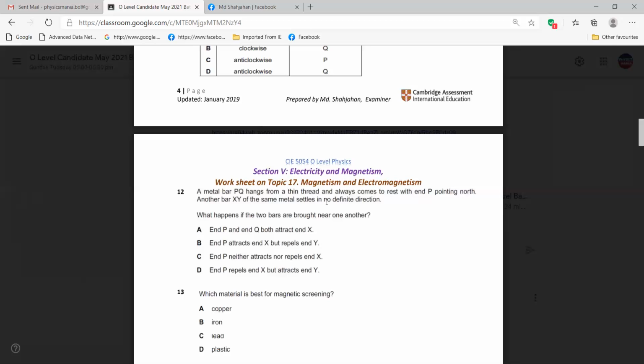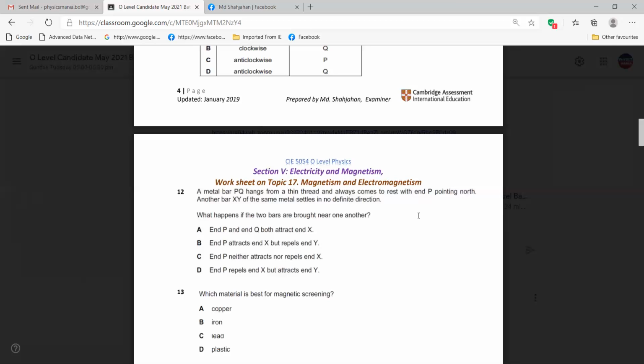With P ending north. Wait, let's see. Sir, if the North Pole is at the front, I'm giving P and Q: a bar magnet PQ with P facing north, and another bar XY of the same metal settles in no definite direction.